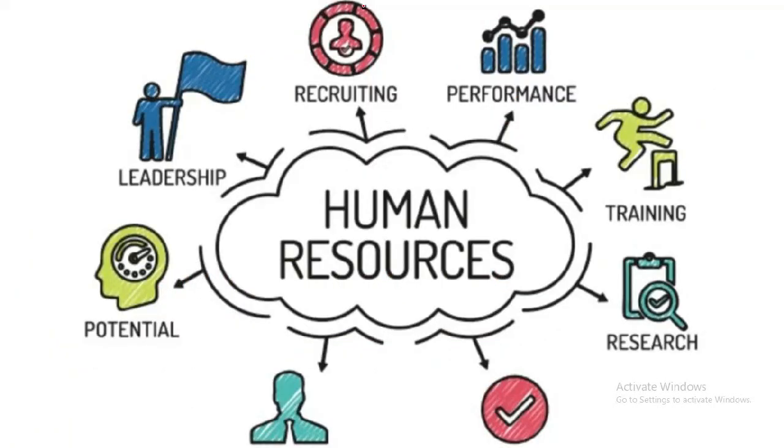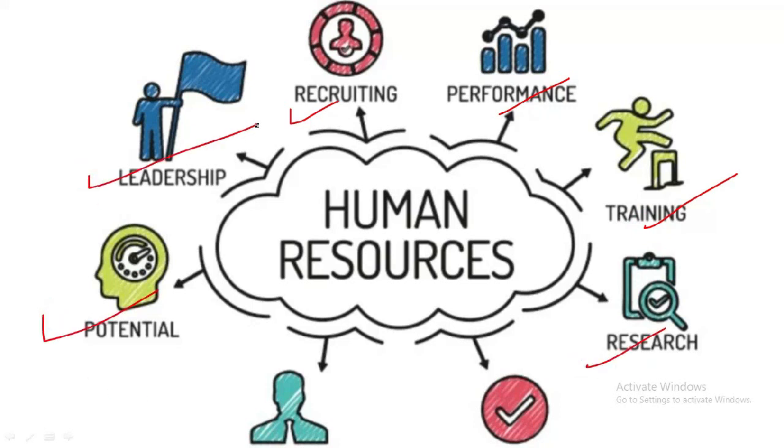Let us move ahead. Now these are some aspects related to human resources, which you can easily summarize while learning human resources. So what all are human resources related to? It's related to proper recruiting, performance, it involves training, research, potential and leadership.